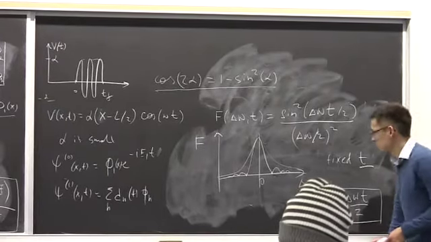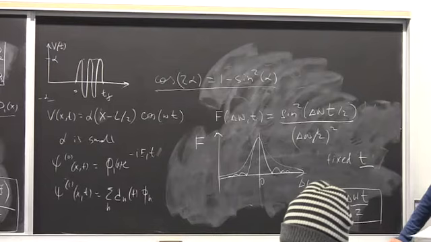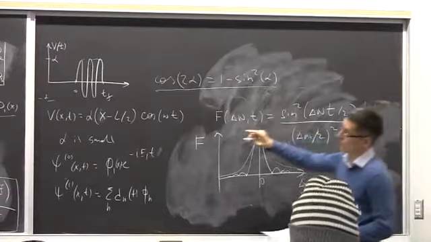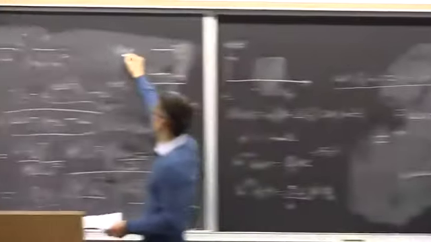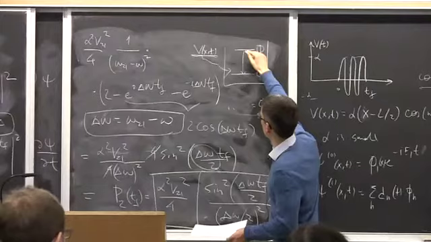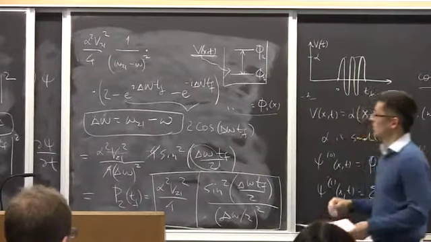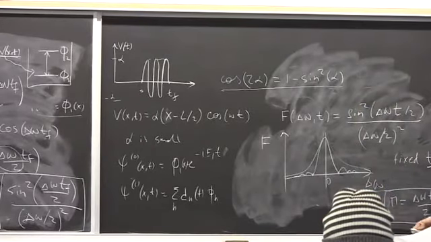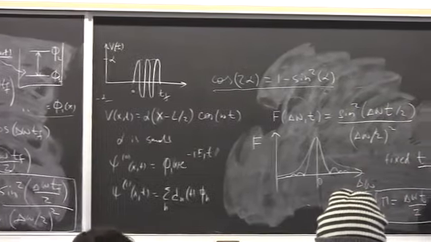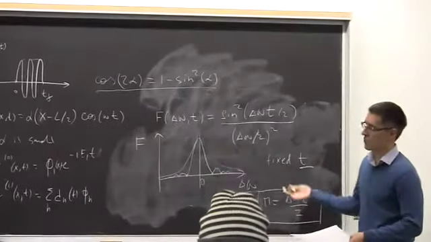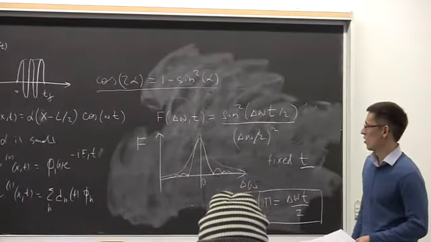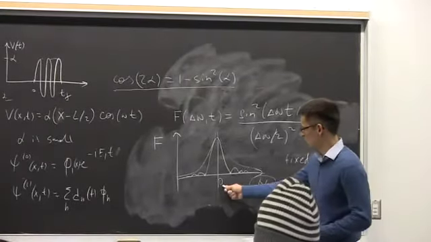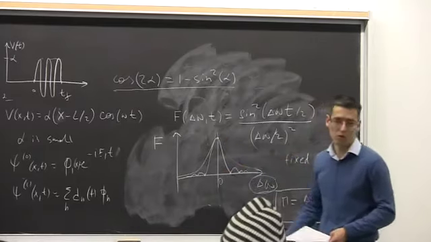Okay, so right now you can make a conclusion that the closer the frequency of light that we use here in V(x,t) to the gap between the states phi 1 and phi 2, then more productive will be our pulse, right? So the population, the probability to find the system in the second state will be higher, because with delta omega approaching 0, we're approaching the maximum of what we can get.